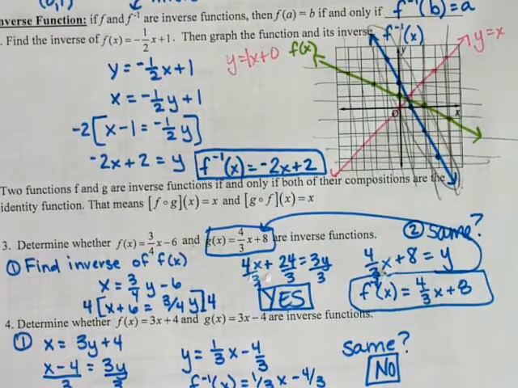So what would be something that wouldn't pass a horizontal line test? A parabola. Okay? Parabolas are not one-to-one functions. They're a function because they pass the vertical line test.